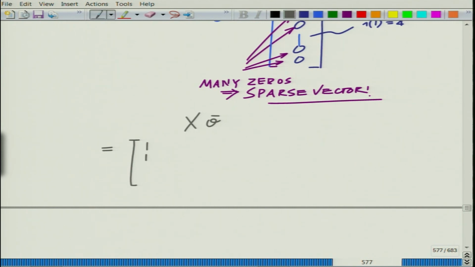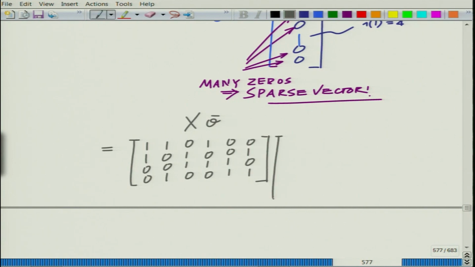Let me write the original matrix: 1 1 0 0, 1 0 0 1, 0 1 1 0, 1 0 1 0, 0 0 1 1, 0 1 0 1, times theta bar, which now is 3 0 0 4 0 0.